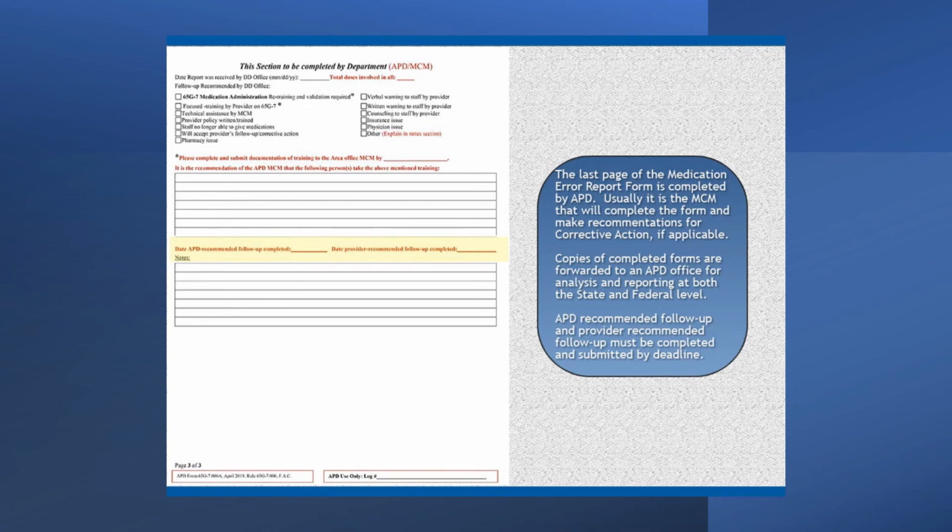If you or your supervisor have any questions concerning the deadline or what is required for the follow-up, be sure to contact the MCM that is working with you and clarify. Again, I can't stress enough how important it is that you complete any corrective actions or plans of remediation and submit the documentation of completion by the assigned deadline.